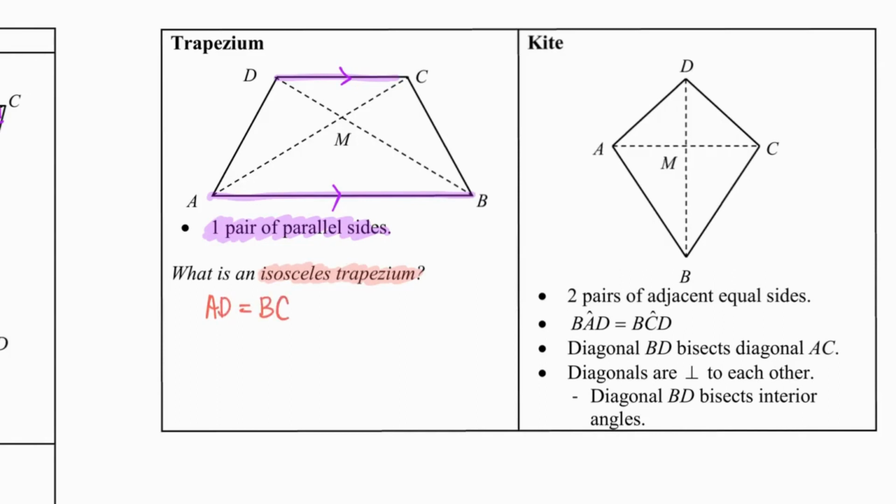If it is an isosceles trapezium, and therefore, the diagonals are equal to each other.